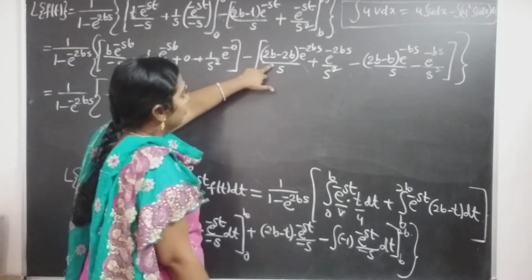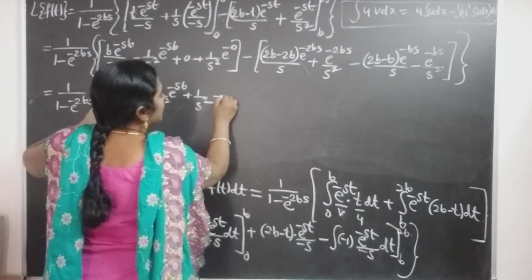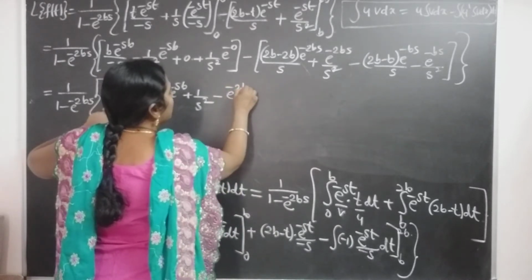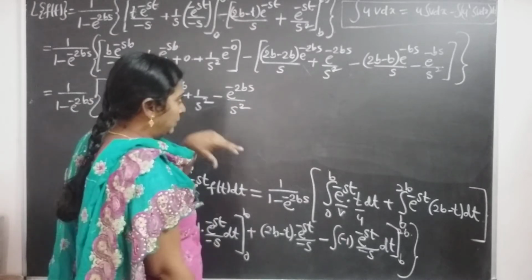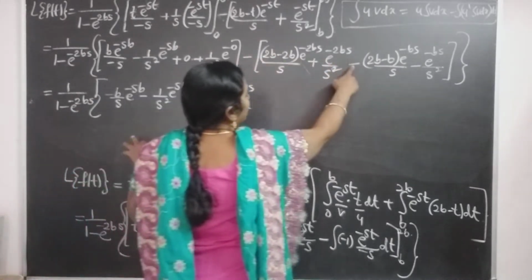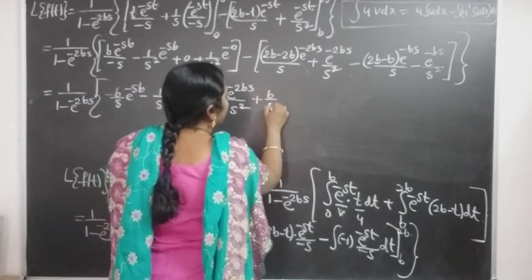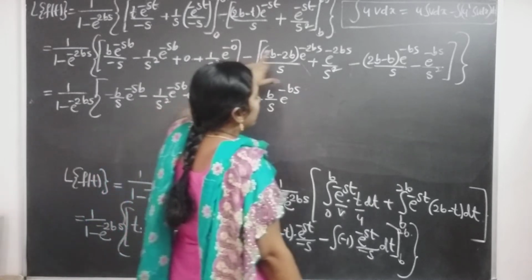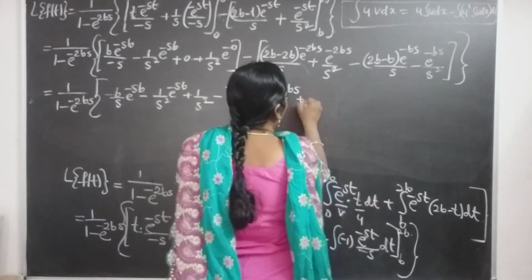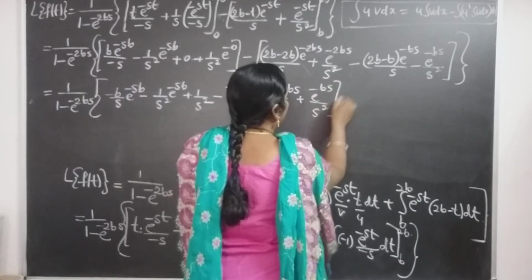It is 0, minus into plus minus e power minus 2bs by s square, minus into minus plus 2b minus b plus b by s e power minus bs minus into minus plus e power minus bs by s square.